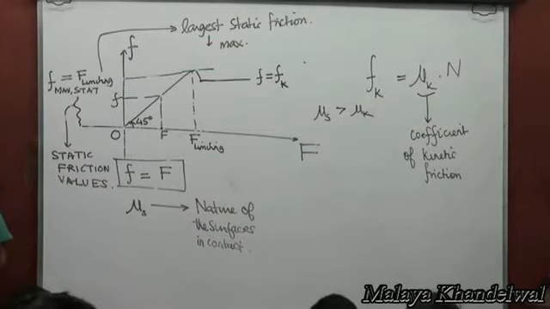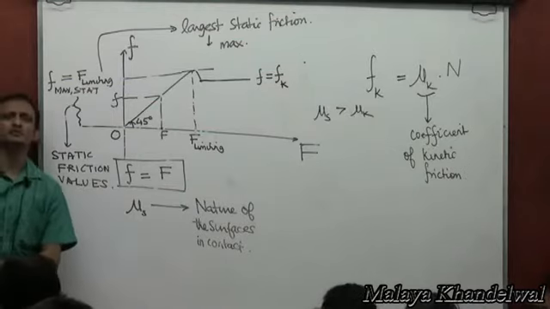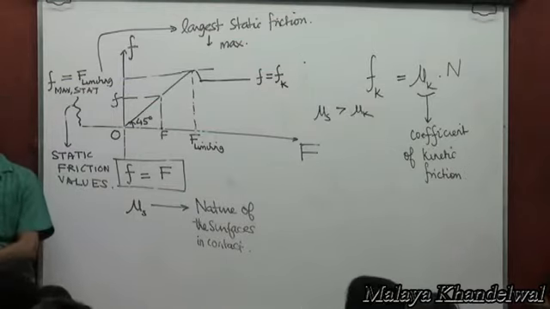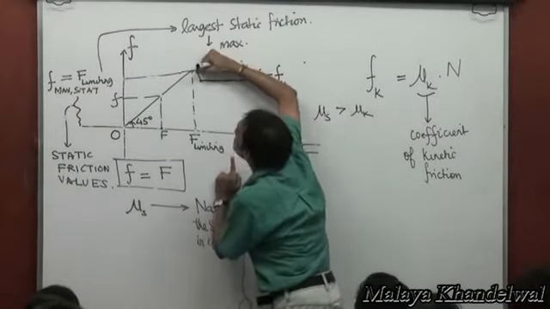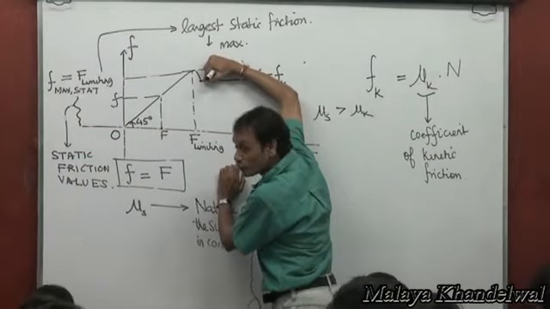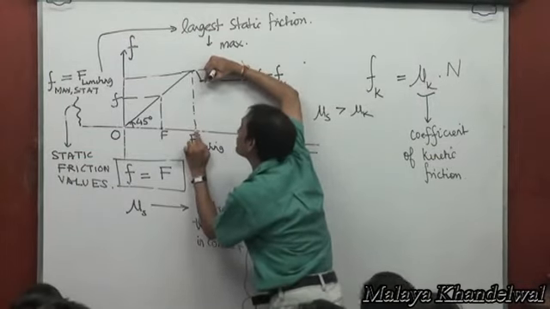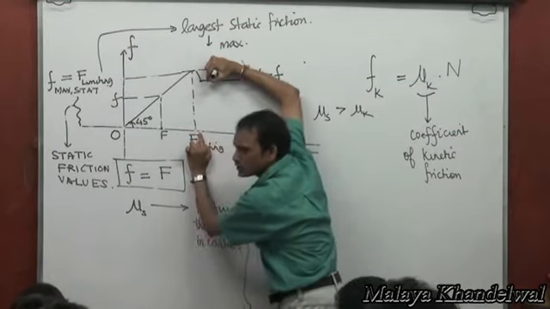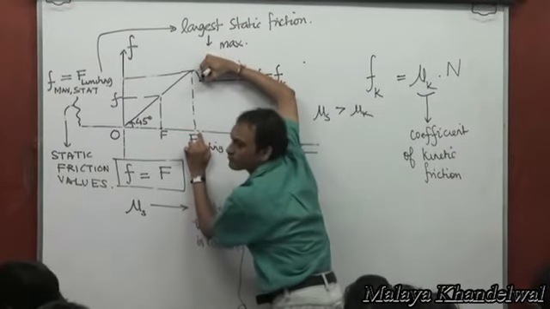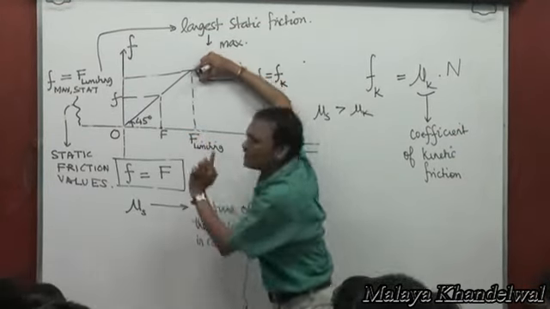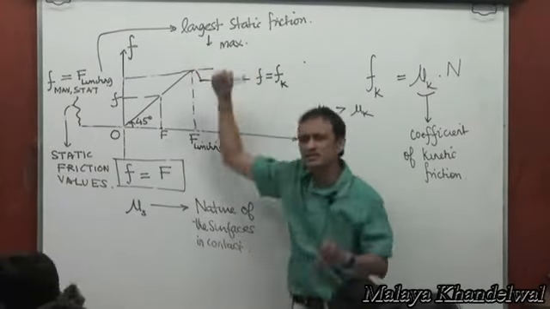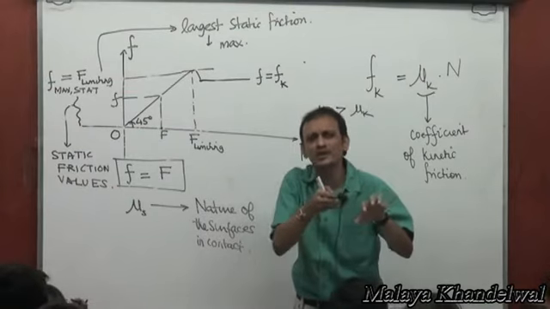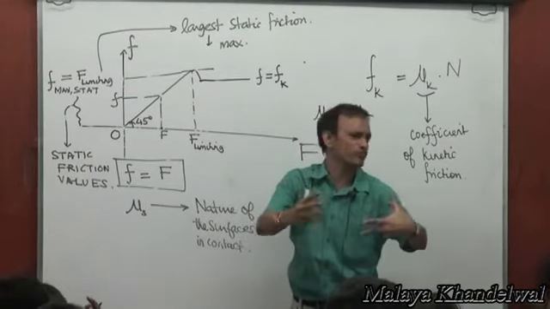Again, found experimentally, the difference between mu s and mu k is not significant. This dip in the frictional force, when the externally applied force goes slightly beyond F limiting, is really very, very small. As a result, the transition from mu s to mu k is not significant.